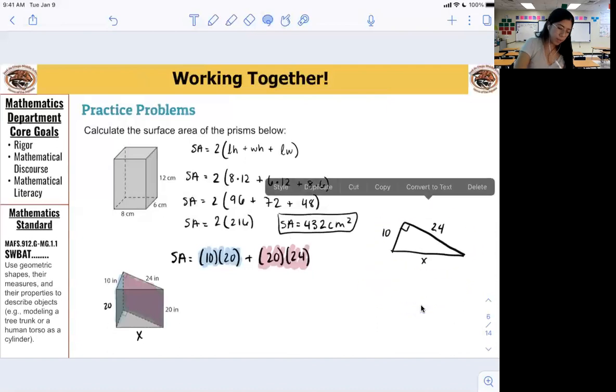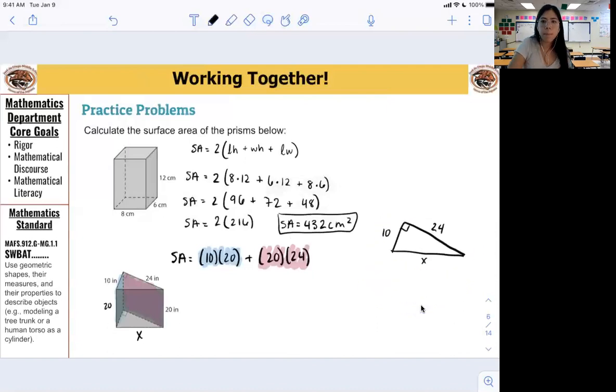So let me set that up. Which one's the hypotenuse? The x, okay. You can always tell because remember the hypotenuse is on the opposite side from the right angle. So 10 squared plus 24 squared equals x squared.